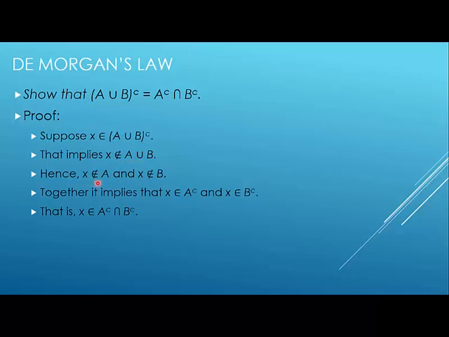Hence x is not an element of A and x is also not an element of B. When you say that x is not an element of A, it means that it belongs to the complement of A. So x is an element of A complement and x is an element of B complement. That is, x is an element of A complement intersection B complement.